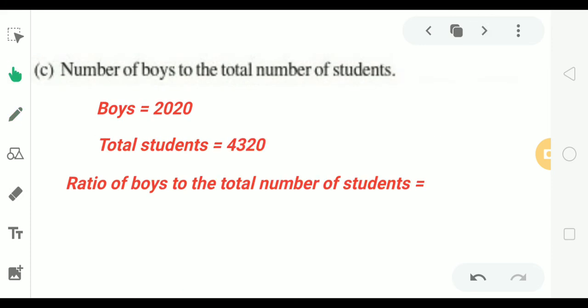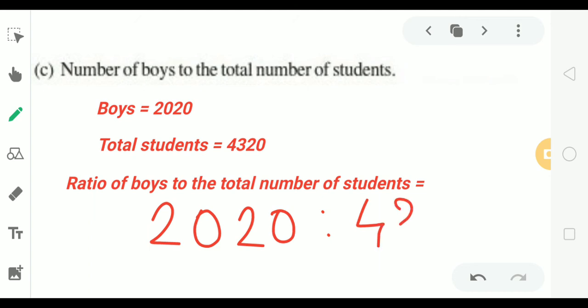Now the next one, number of boys to the total number of students. So there are 2020 boys, total students there are 4,320. Now we can write them as ratio boys to the total students. So boys number we write first, 2020 is to 4,320. Now last these 2 zeros we can cut.